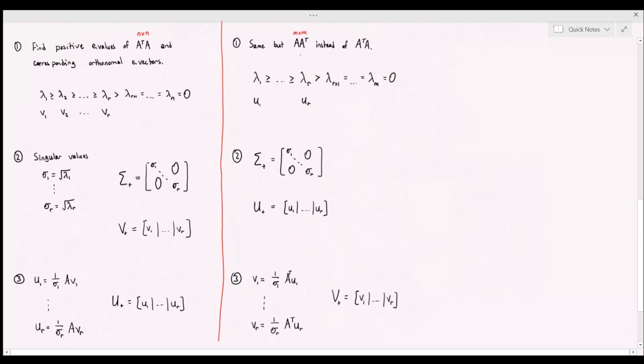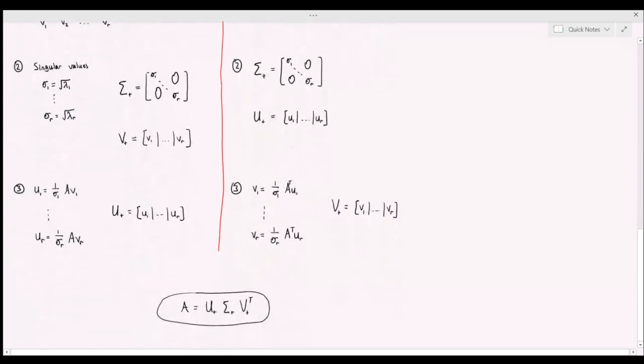Now this time, if you start with A A transpose, then the eigenvectors that you're calculating will form the matrix U instead of the matrix V, okay? So square root the positive eigenvalues to get the singular values, and again, that will form the matrix sigma plus. And then again, the corresponding orthonormal eigenvectors here will give you the matrix U instead of V. And then you'll use these formulas down here.